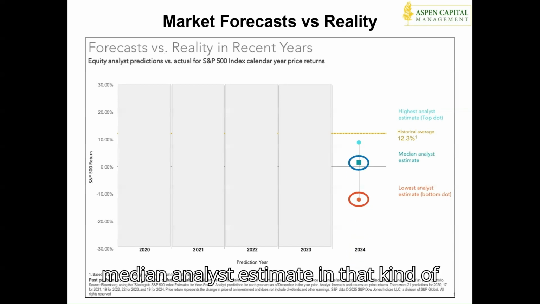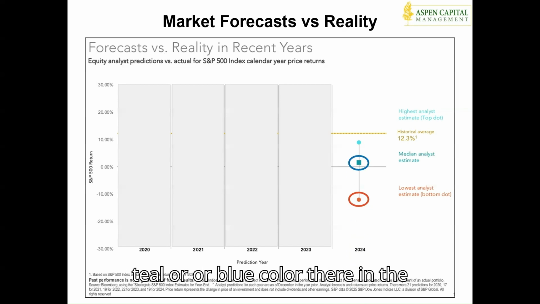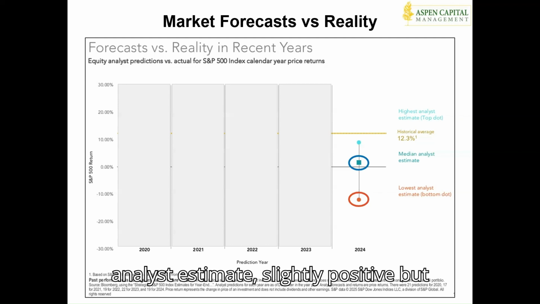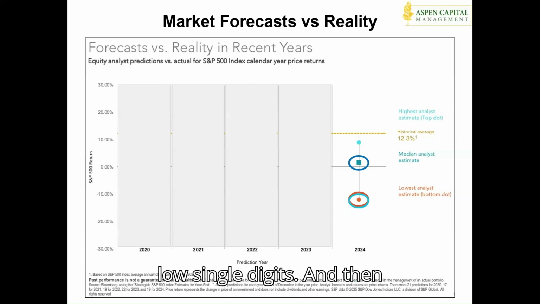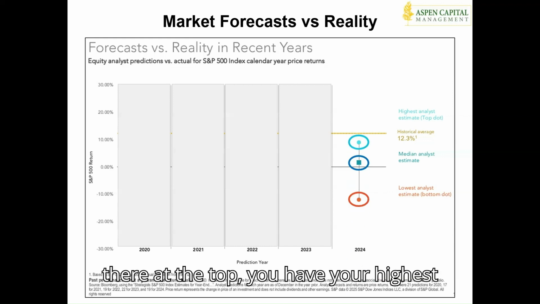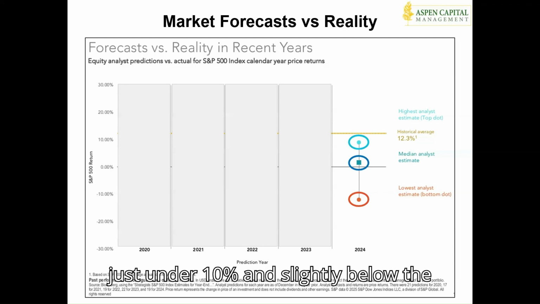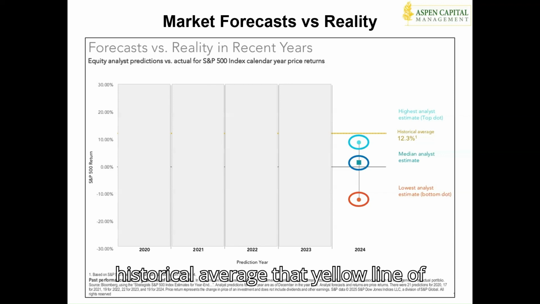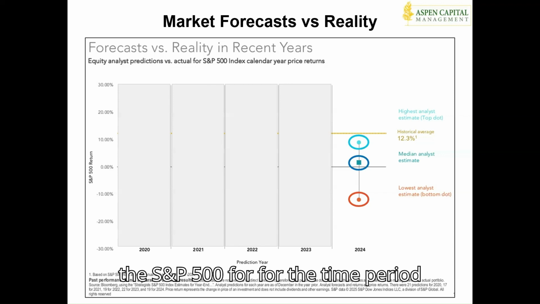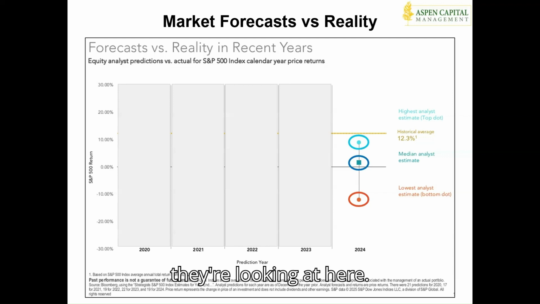The median analyst estimate, in that teal or blue color there in the middle, is slightly positive, but low single digits. And then there at the top, you have your highest analyst estimate for 2024, which was just under 10% and slightly below the historical average, that yellow line of the S&P 500 for the time period they're looking at here.